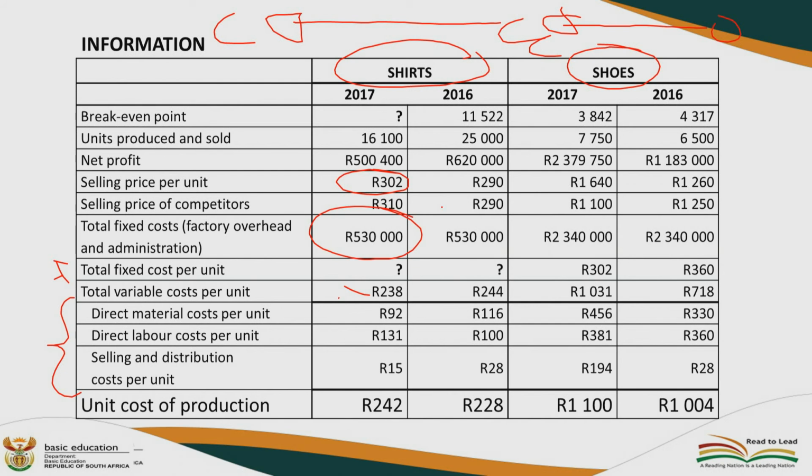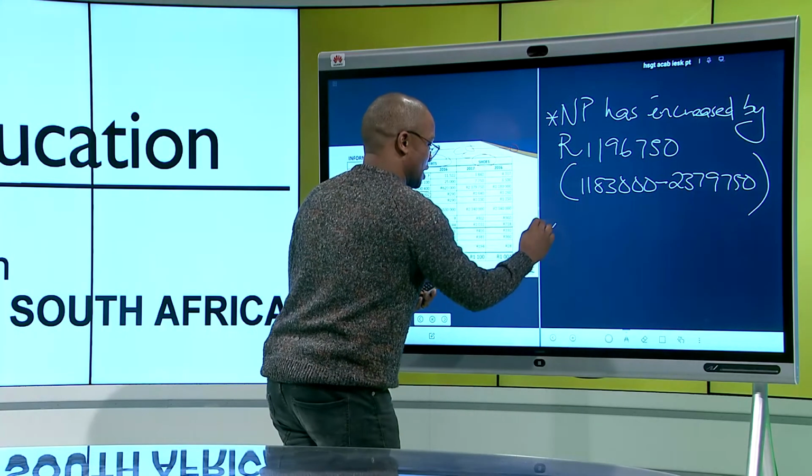The trend, same thing. Your net profit has increased. By how much? 2,379,750 minus 1,183,000. It has increased by 1,196,750.